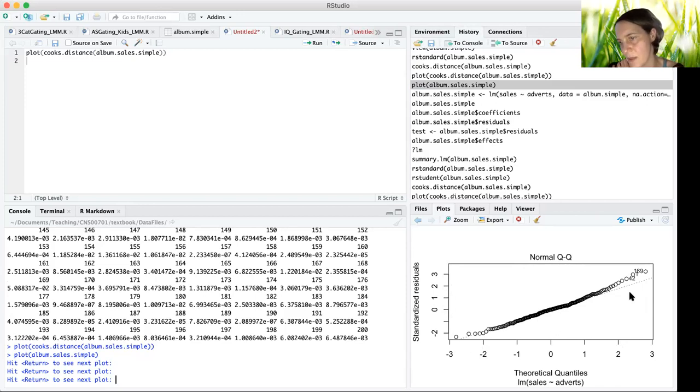That also looks pretty good, no concerns at all. There is a tiny bit of deviation in the upper tail here, but absolutely nothing that would give me a sleepless night. That looks pretty good to me.